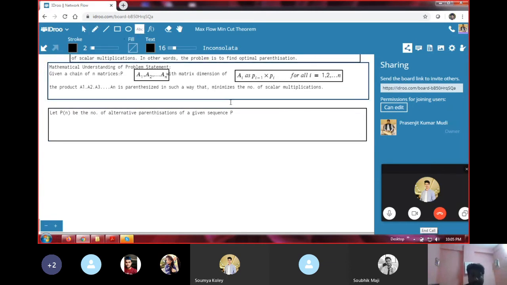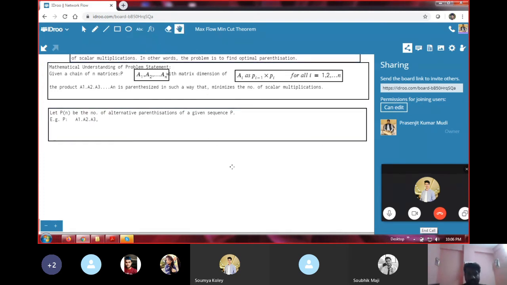Take an example. So let's say we have A1 A2 A3. This is my sequence P. For this sequence, how many alternative parenthesizations may we have?